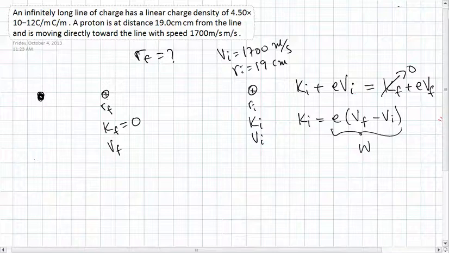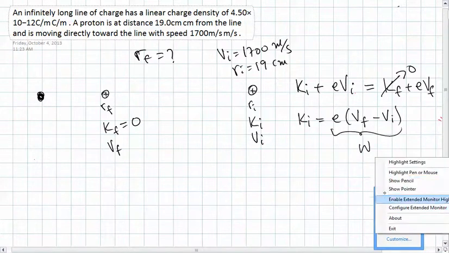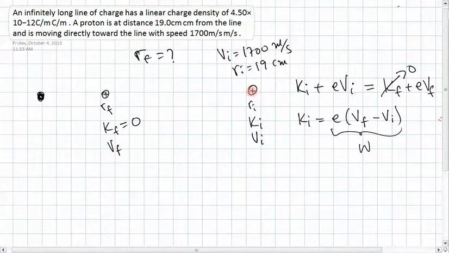This is the work that the electric field due to the line does when the proton moves from the initial distance, when the proton moves from here all the way here. So let's see what happens there. The field due to the line is equal to lambda over 2 pi epsilon naught r.